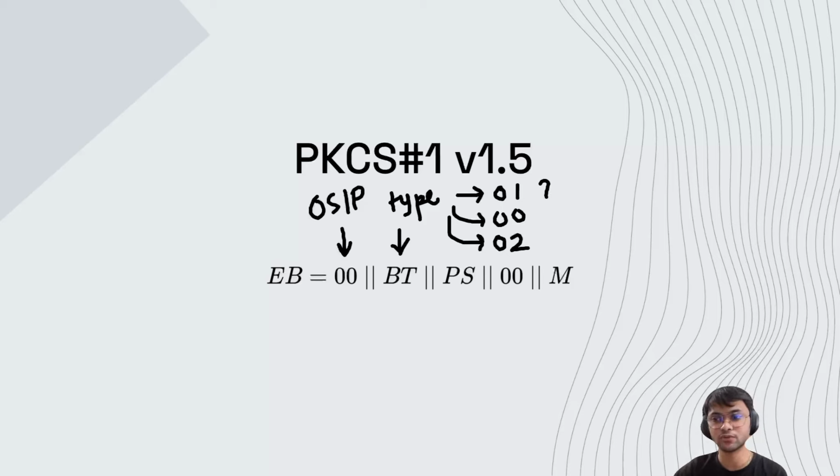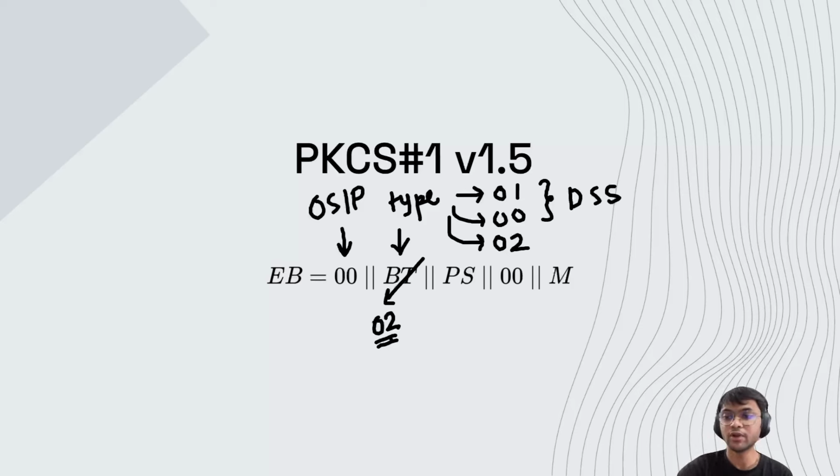For example, 00 and 01 are used for private key operations such as digital signature schemes. 02 is used for public key operations. For encryption under PKCS 1 version 1.5, this BT, or the block type, is always 02. This label basically says that this is an encryption block and not something else.